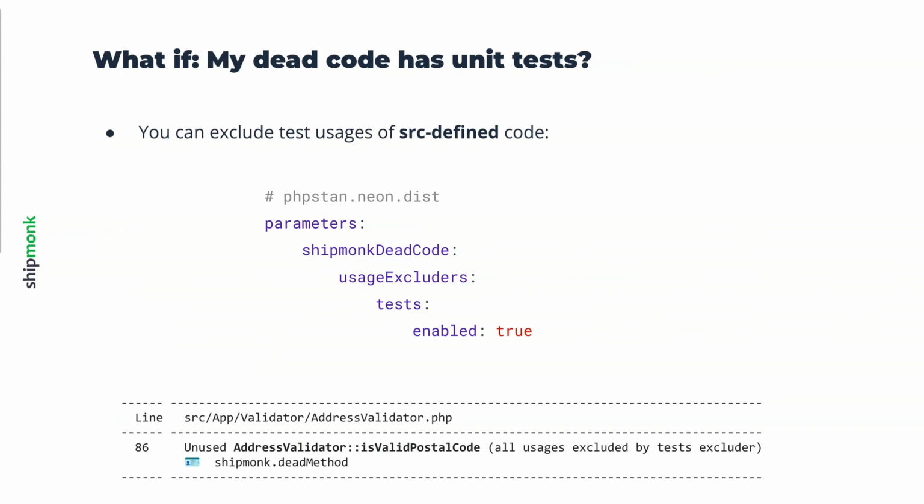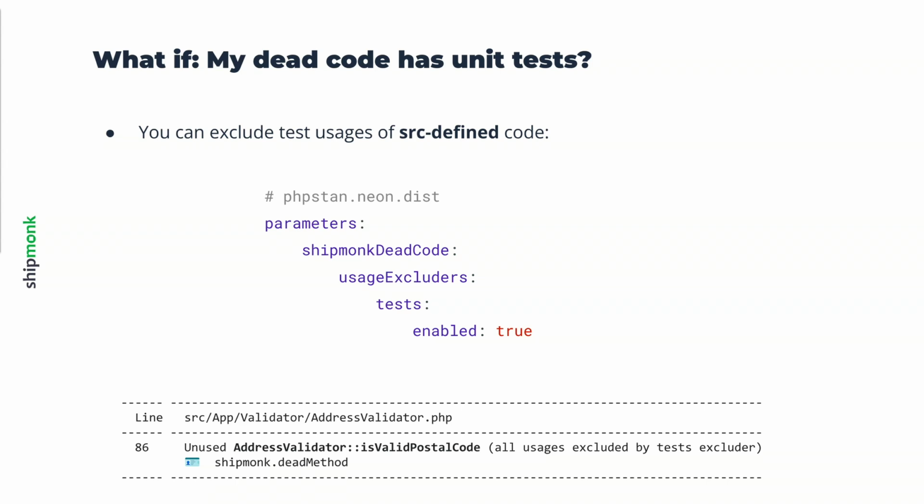You just say, let's enable this excluder of tests, and suddenly it treats all the calls that are made in tests as excluded, as not part of the evaluation. But the important thing here is that it still maintains dead code detection within tests. So things that are defined in tests and not called in tests are still reported.